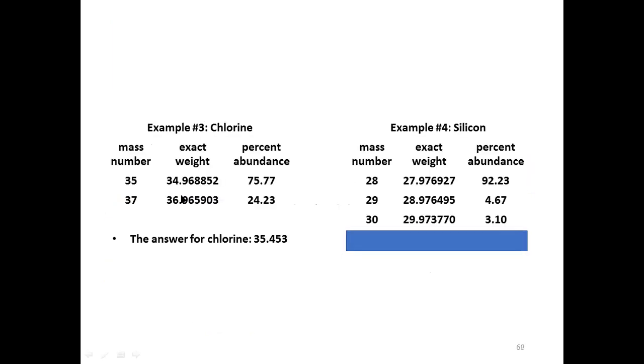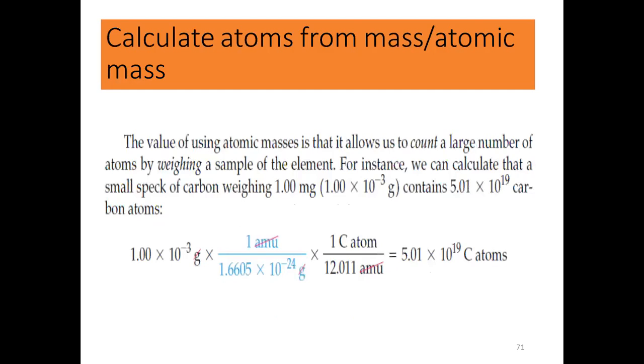So one carbon atom has 12.011 AMU. Again AMU is cancelled out, which is why I have written AMU in the denominator and carbon atom in the numerator. What is left? Atoms are left. When you solve this, you get the answer 5.01 × 10^19 carbon atoms.